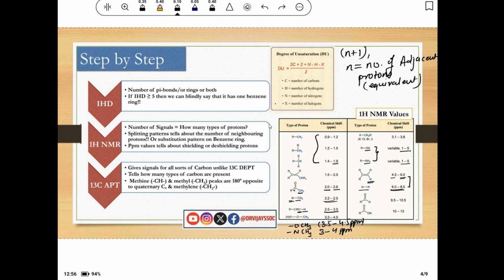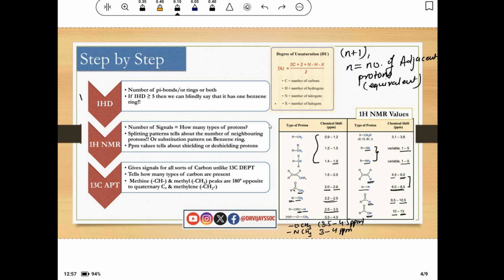So aromatic protons come from 6 ppm to 8.5 ppm. We should remember aldehyde protons come from 9.5 ppm to 10.5 ppm, but carboxylic acid always shows a broad signal from 10 ppm to 13 ppm. So these are some values which we should remember. Then only we will manage to solve the structure of the compound.